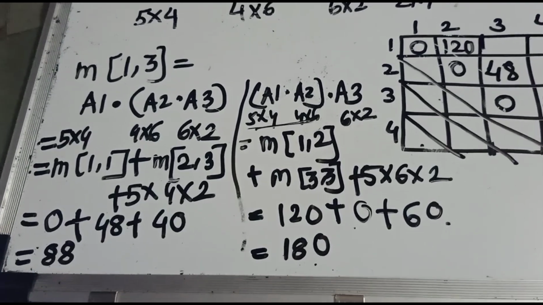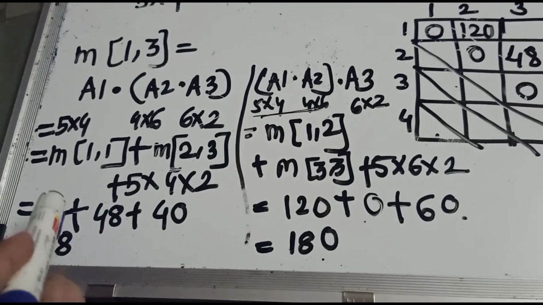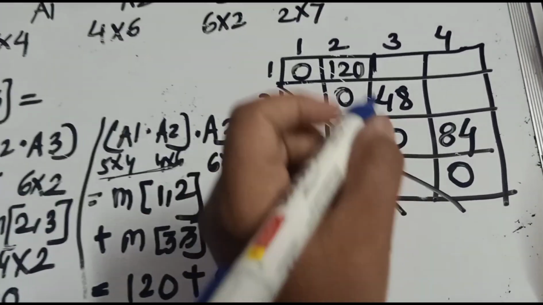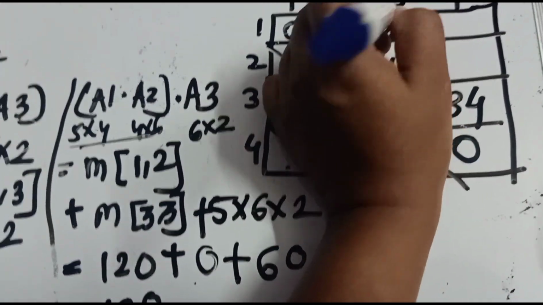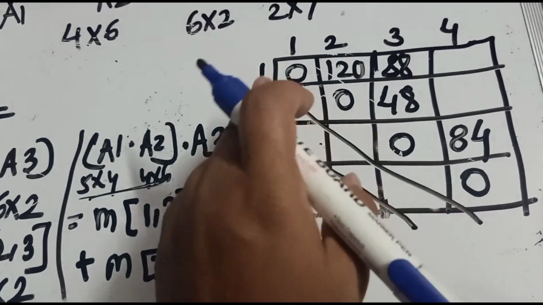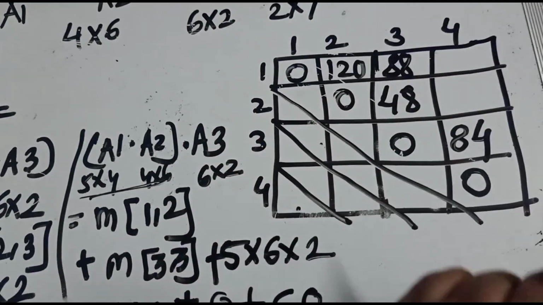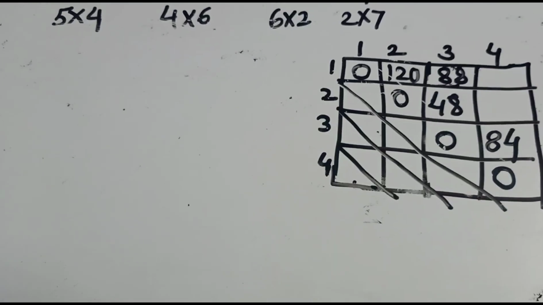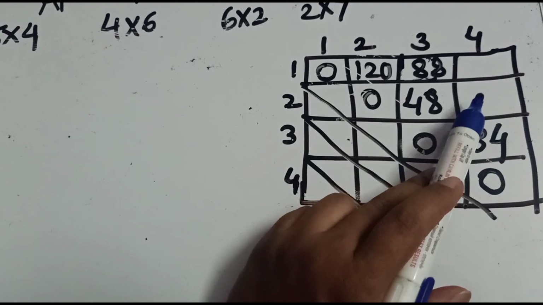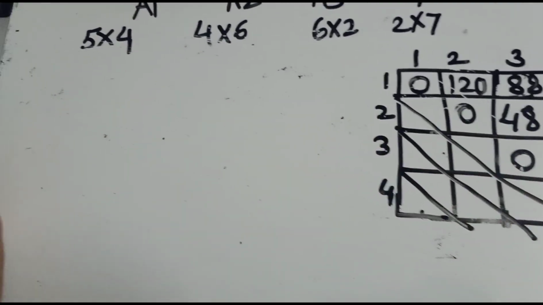According to the formula we discussed, we have to choose the minimum value. The minimum value is 88. So I will update 88 in my table for the cost of multiplication from the first matrix to the third. Now diagonally we have to find the second value. This second value is m of 2 comma 4.